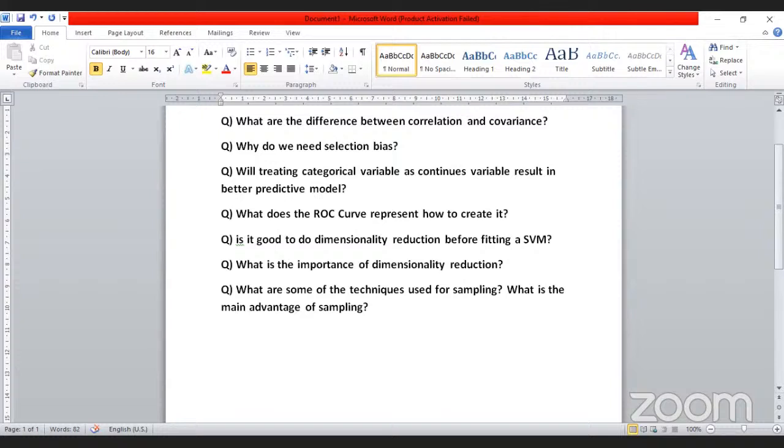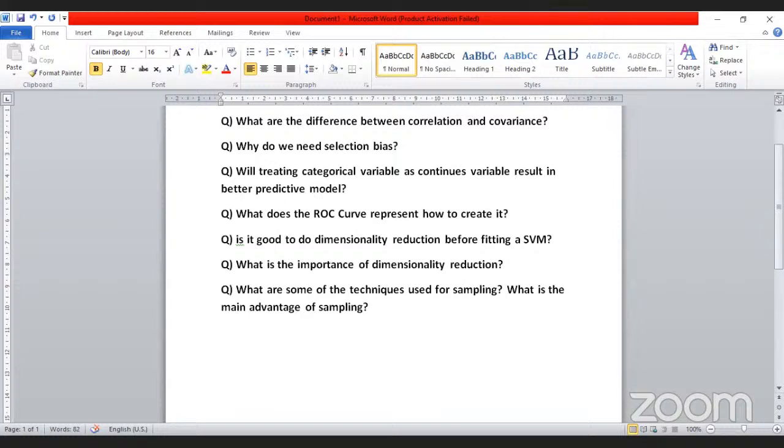Is it clear? The advantage of sampling is that when we are doing data analysis, we cannot work on the whole data set. At that time we have to take a sample that represents the population, perform some analysis on it, and conclude a statement about the population data.